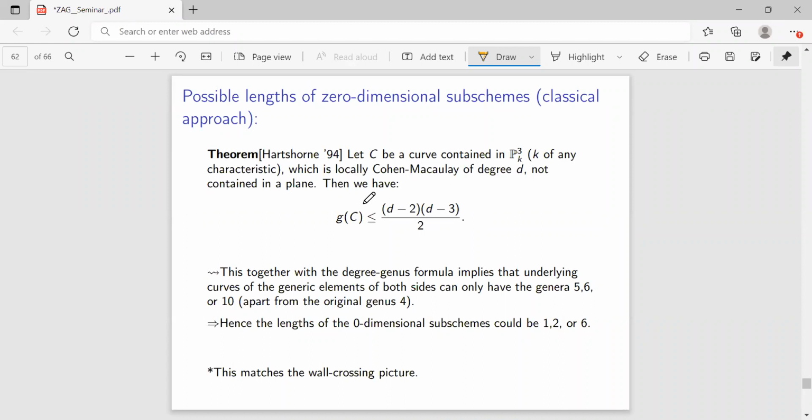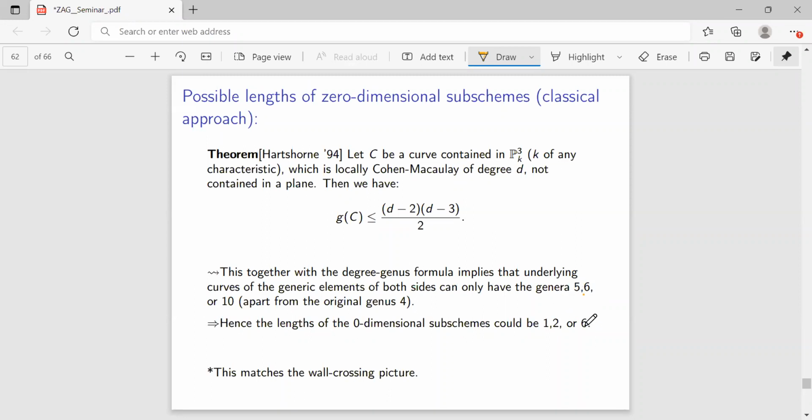You have this upper bound, and if you check this for our case, and using also the degree-genus formula, you see that the only possible genus could be 5, 6, or, for the plane curve, 10. And this implies that the length of the zero-dimensional subschemes that were involved were either 1, 2, or 6.